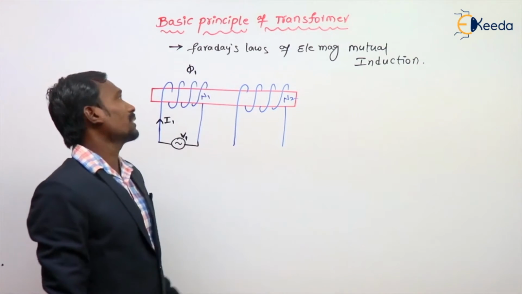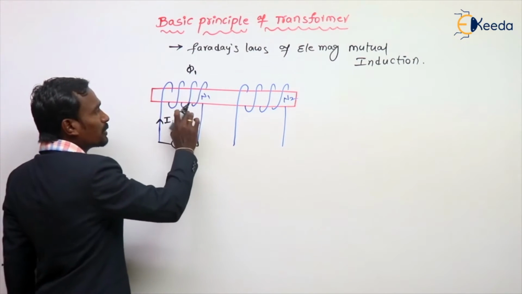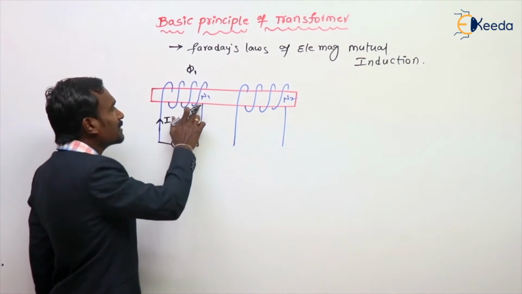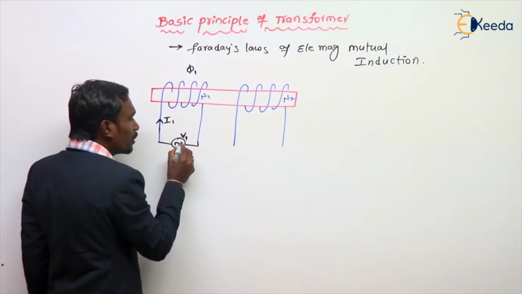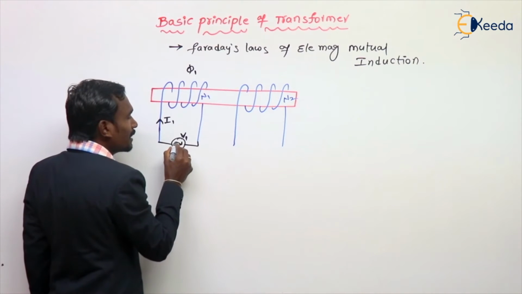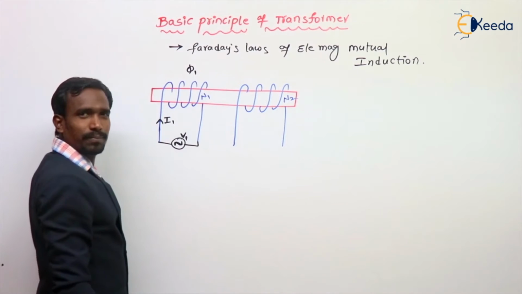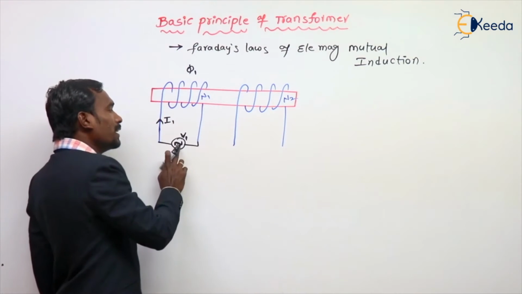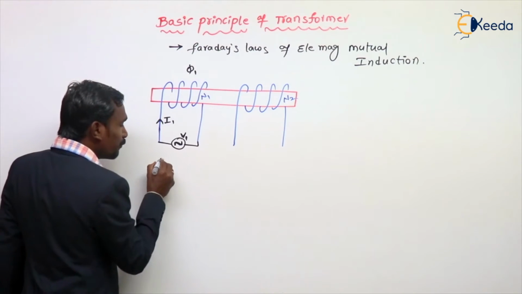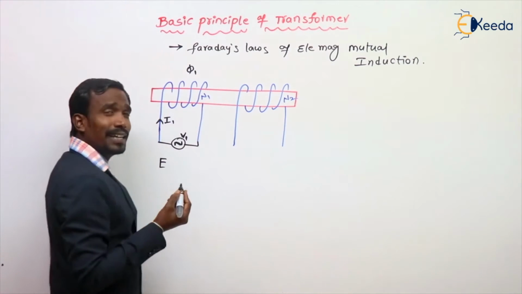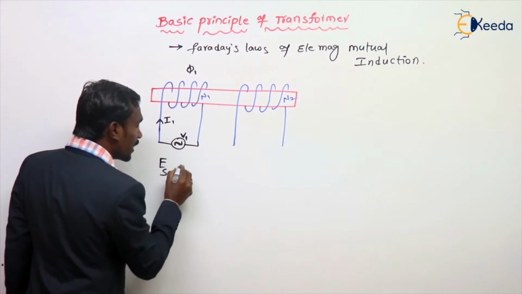The EMF induced in these conductors, because these are stationary conductors and I am giving a changing magnetic field, nothing but the AC supply, with stationary winding and moving flux, then EMF is induced. That EMF is called self-induced EMF.